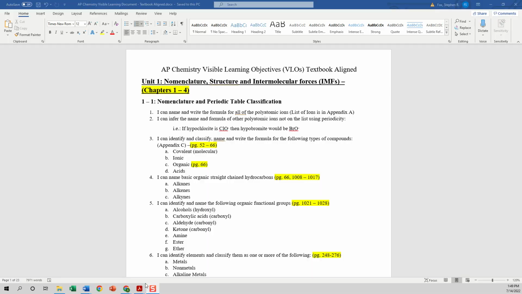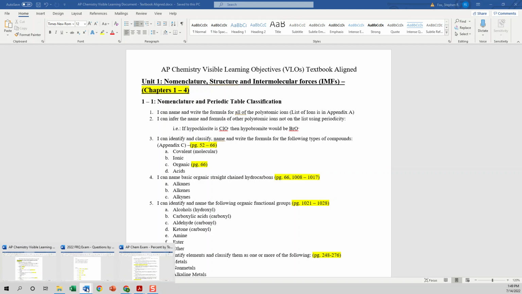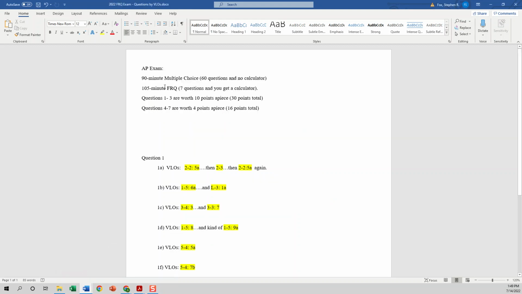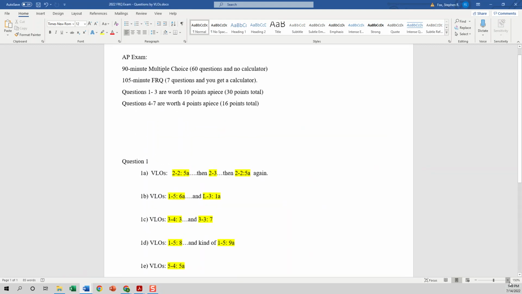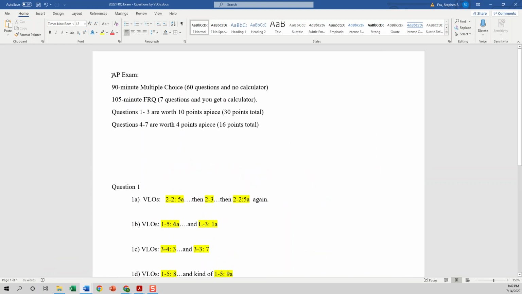Let me first go to this sheet. Just for your information, if you didn't know about the AP Chemistry exam, it's a long test. You get a 90-minute multiple choice section and a 105-minute free response section. You do the multiple choice first, and on this portion you have 60 questions to answer in 90 minutes, but you do not get a calculator.